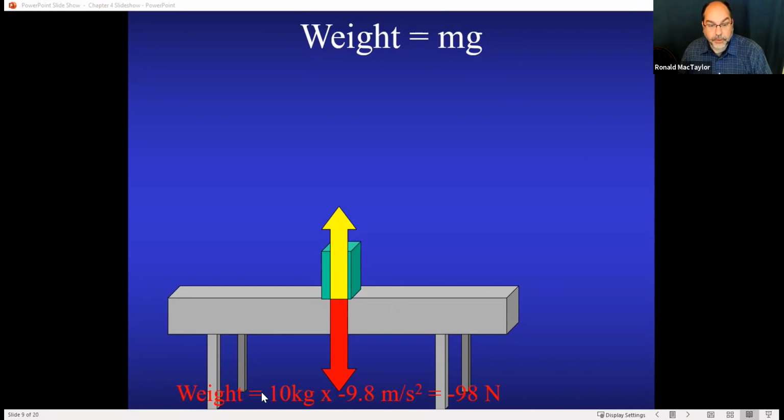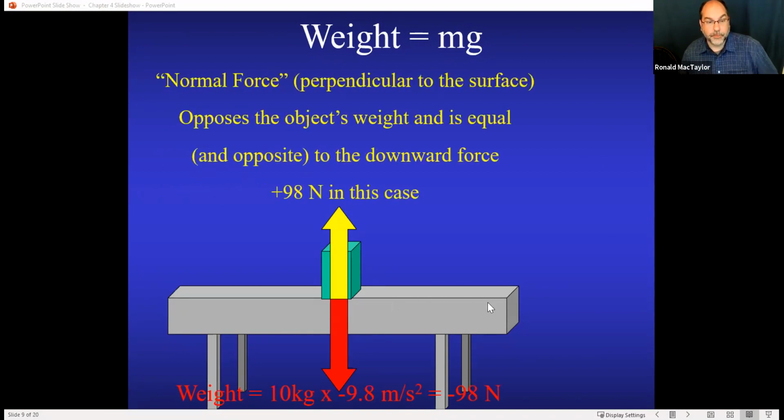So the weight of the crate, 10 kilograms times negative 9.8 meters per second squared, is a force of negative 98 newtons acting on this box. There's also the normal force, perpendicular to the surface. It opposes the object's weight and is equal and opposite to the downward force.